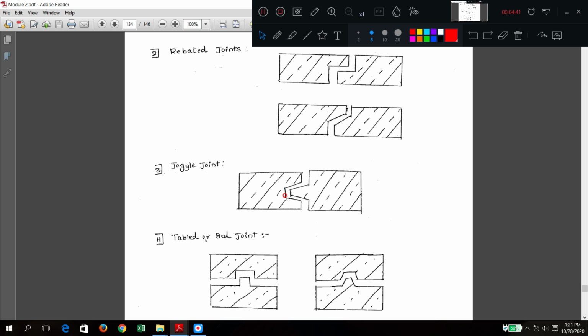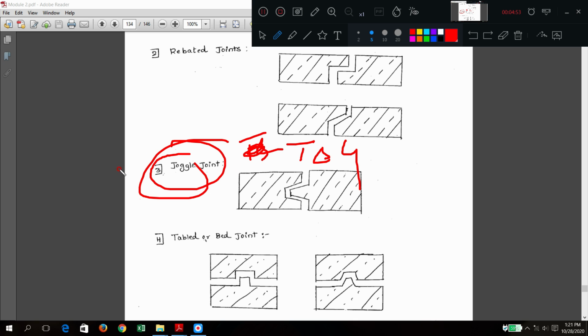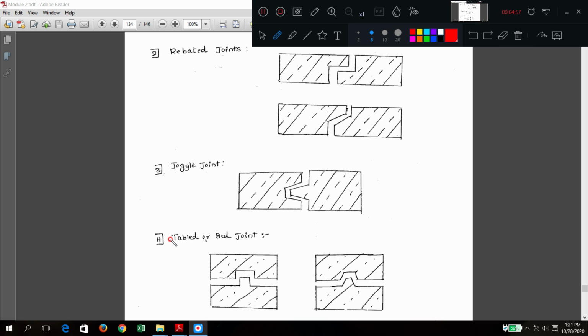Yes, tongued and groove, T and G, also called the joggle joint. Now the table and bed joint. Here, to stop the horizontal movement of the stones, grooves are made in this direction.